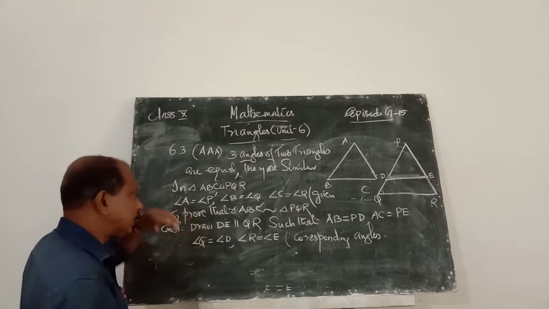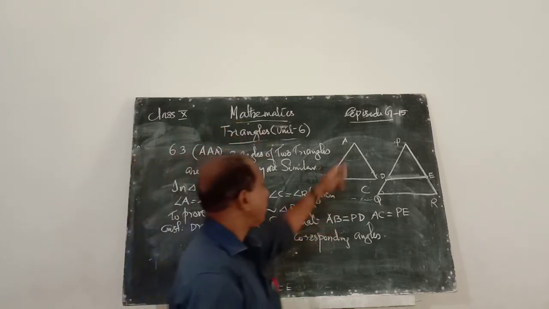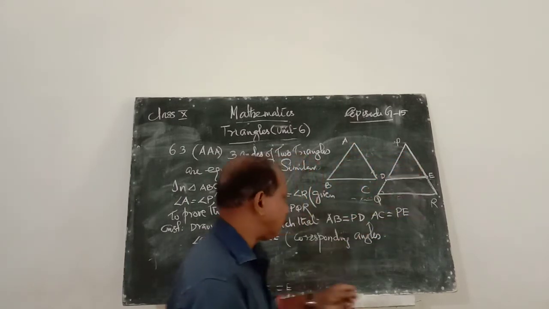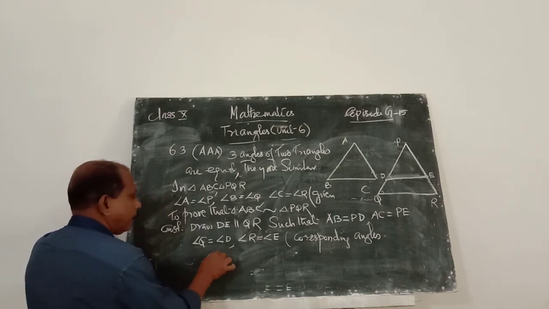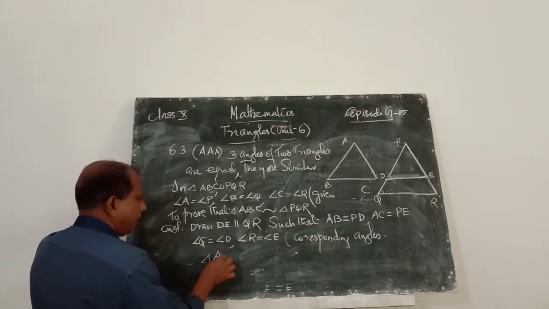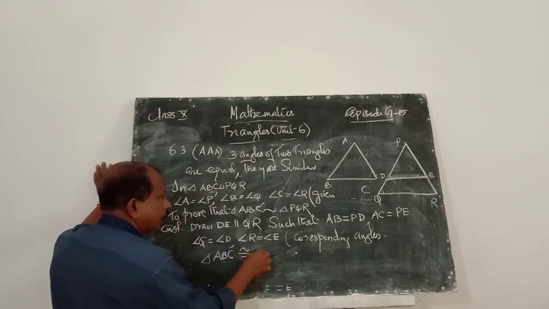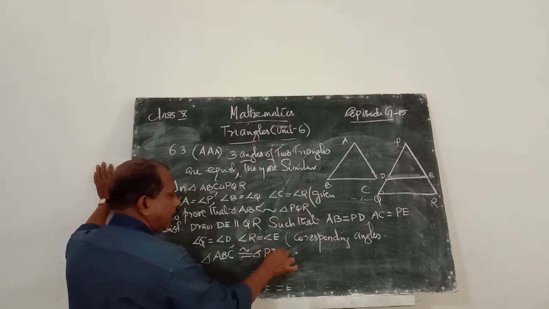Or otherwise, AB is equal to PD, AC is equal to PE, and angle A is equal to angle P, it is given. Therefore, triangle ABC is congruent to triangle PDE.